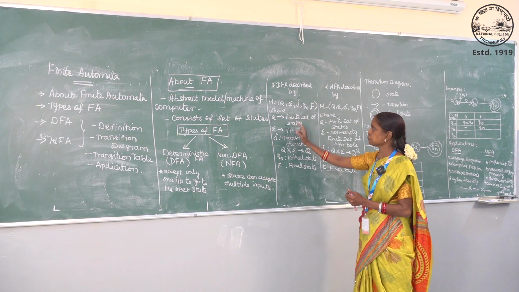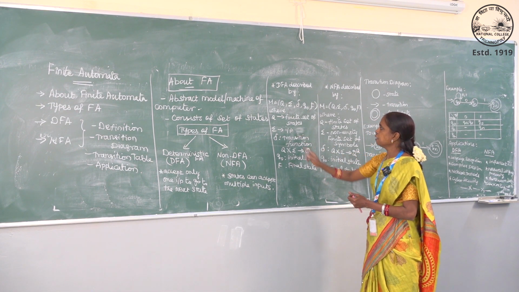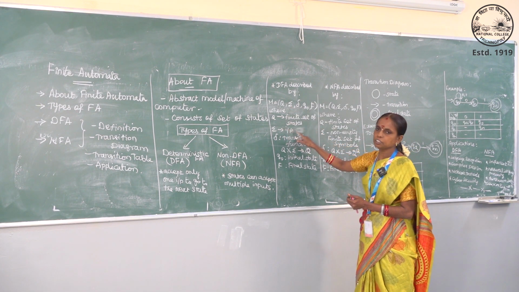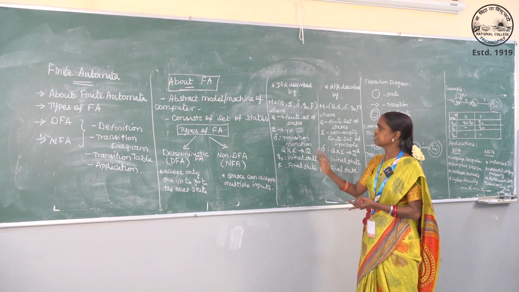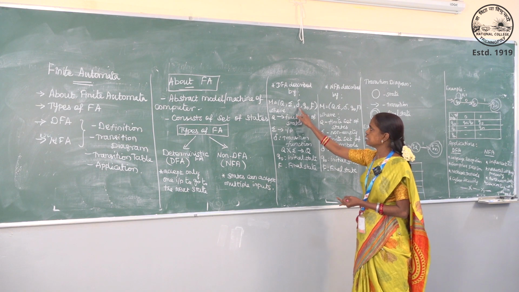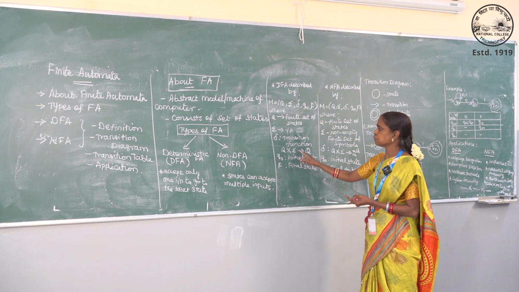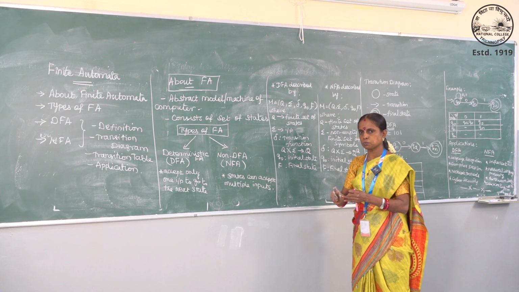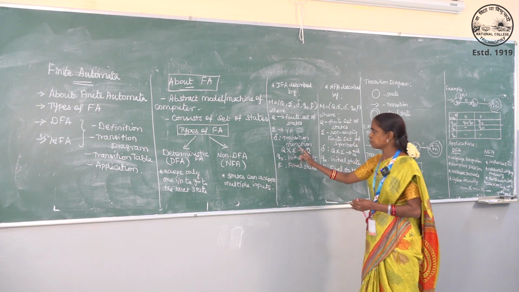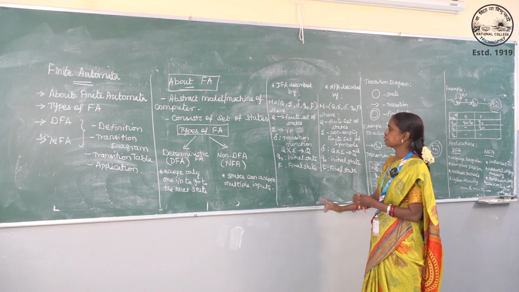Sigma indicates the input, which may be characters, numbers or anything. Delta is a transition function. After accepting the input and performing the transition function, it goes to another state. So for that purpose the transition function is important.